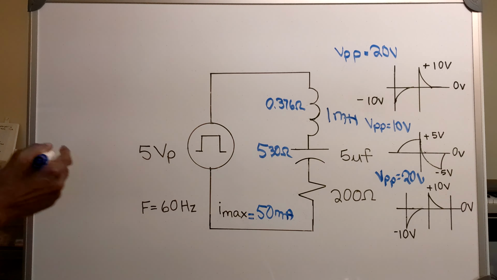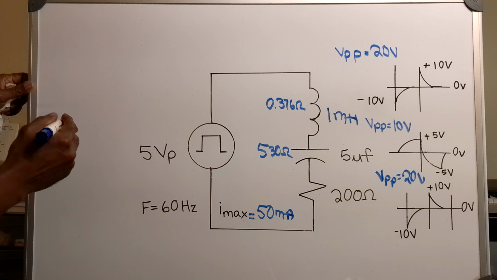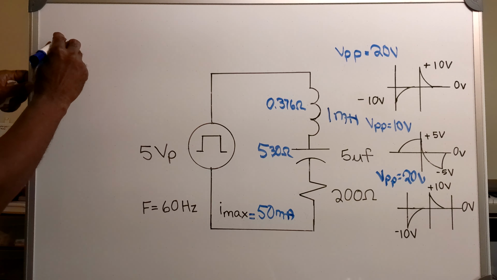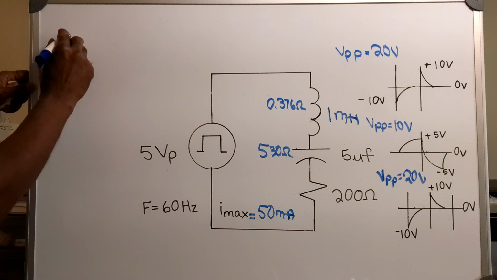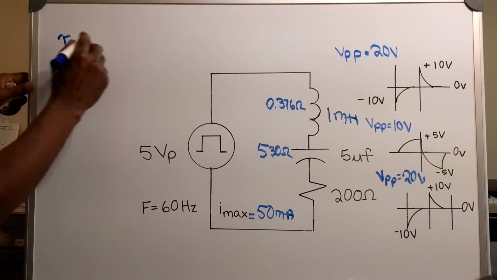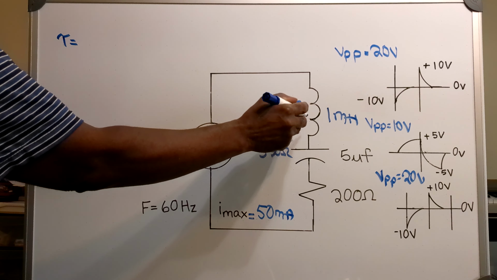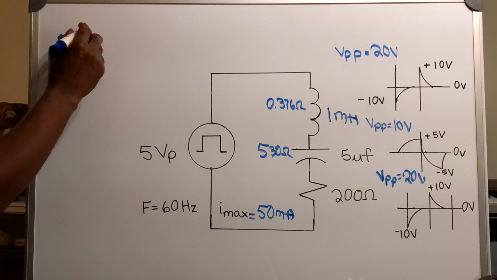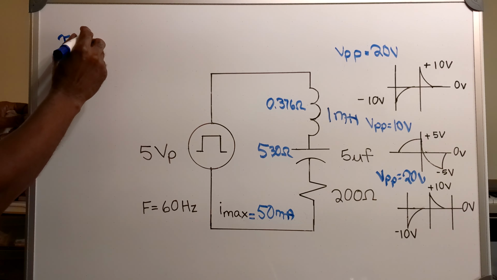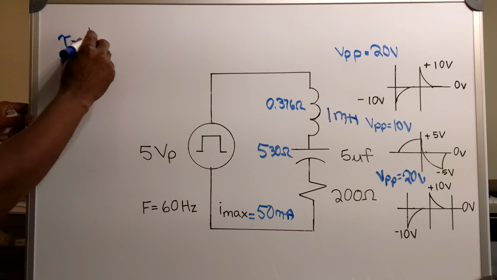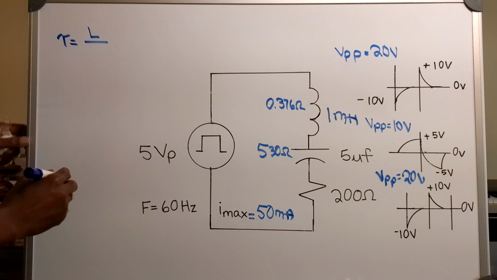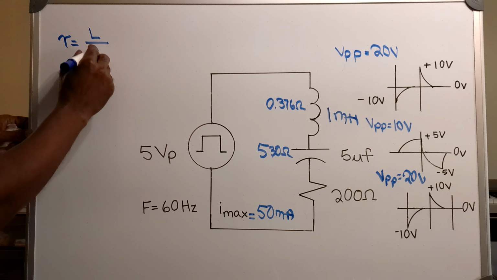Now, I'm going to find my tau for my inductor. My tau for my inductor is my inductance over my resistance.